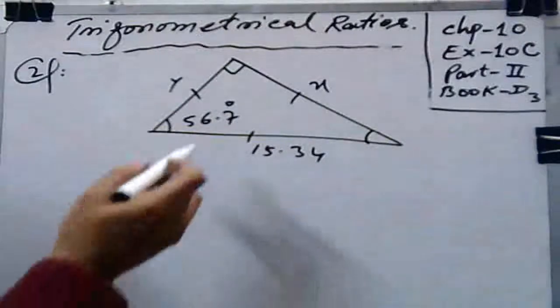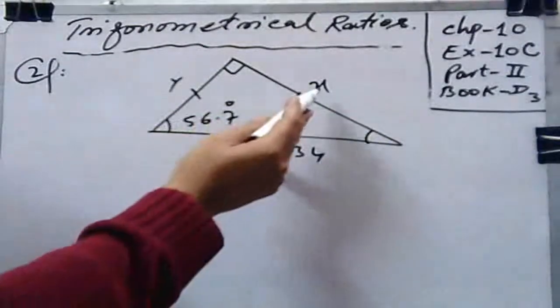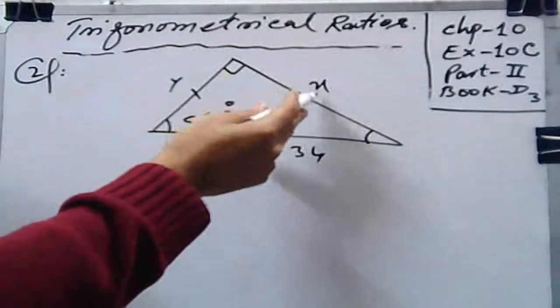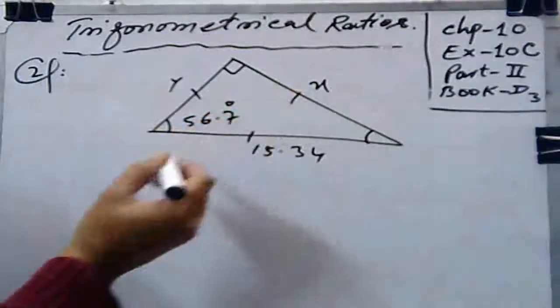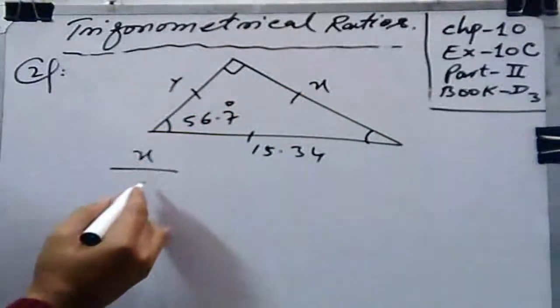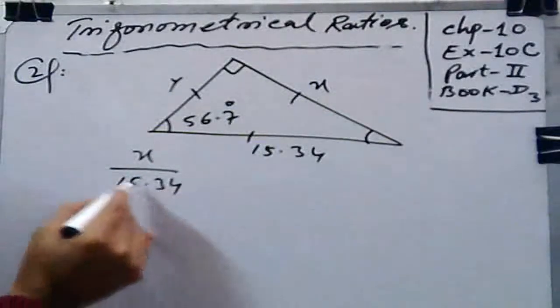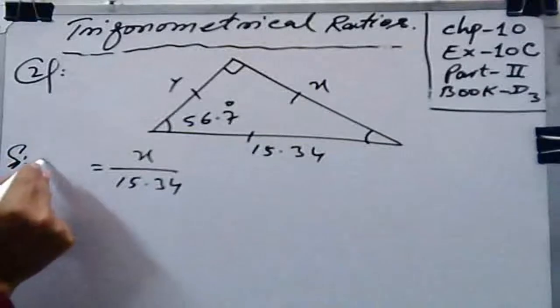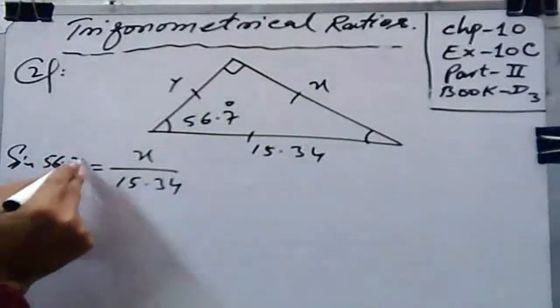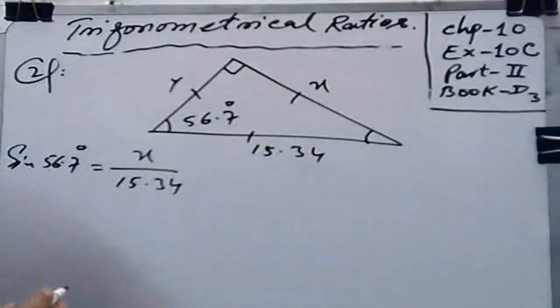So first of all, when you take this angle, in front of it, that is your opposite side, which is known as perpendicular. So perpendicular by hypotenuse is known as sine. So you should take the ratio, that is sine 56.7 degree.